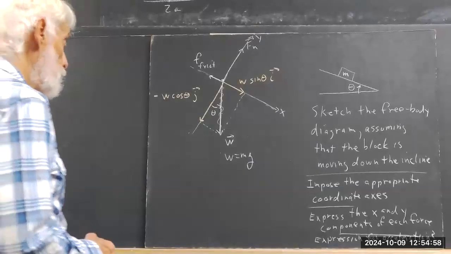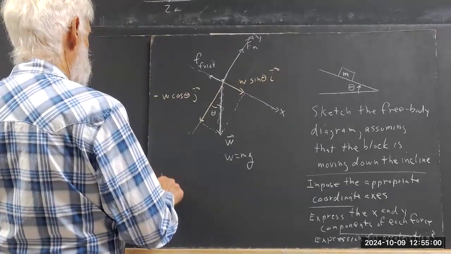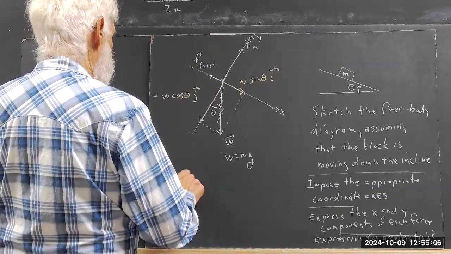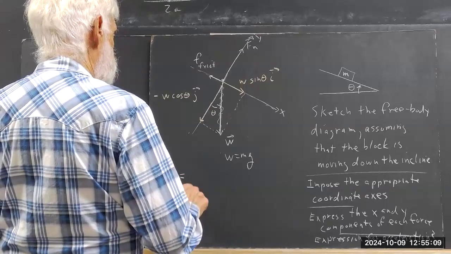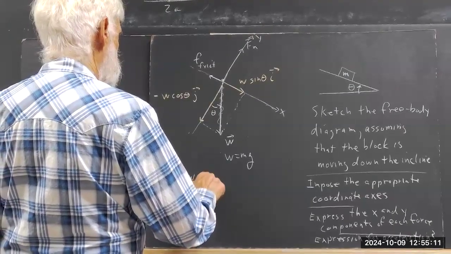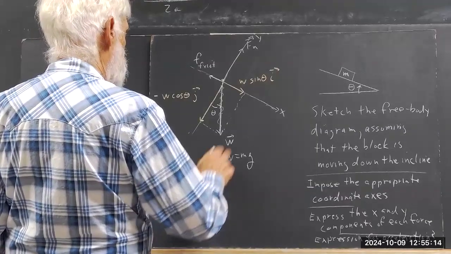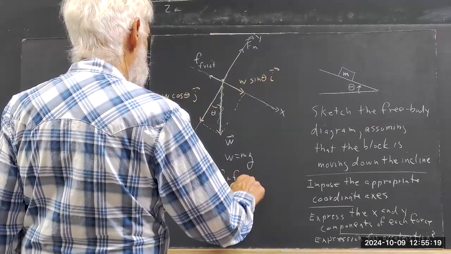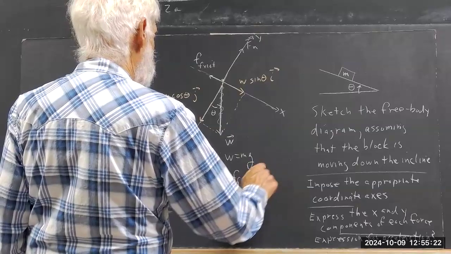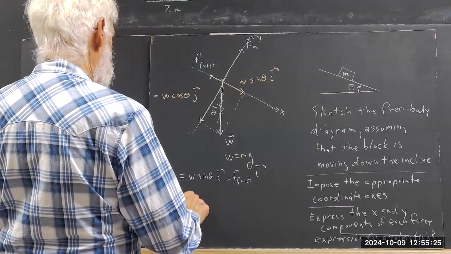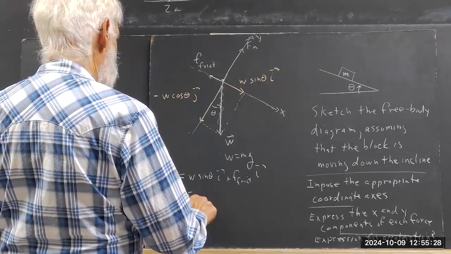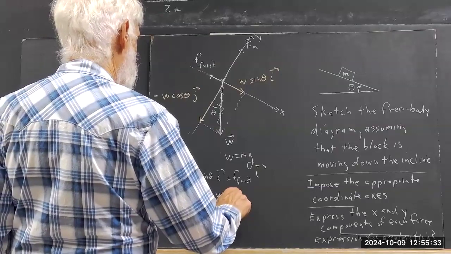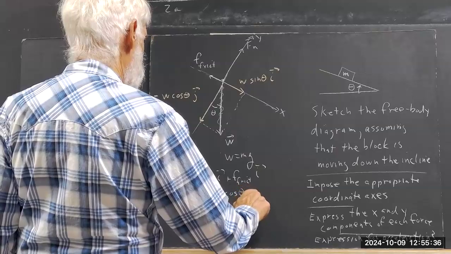So now you have F net equals W sine theta times I plus your friction force times I plus your normal force times I minus W cosine theta.